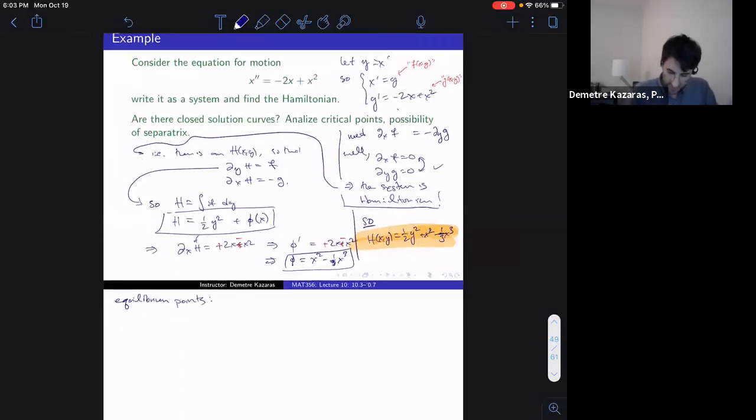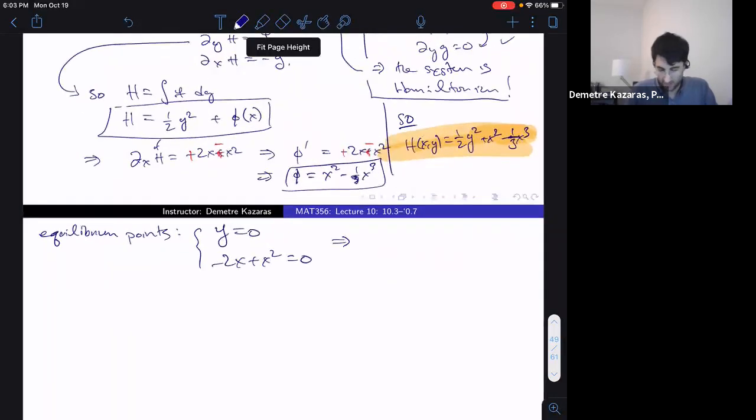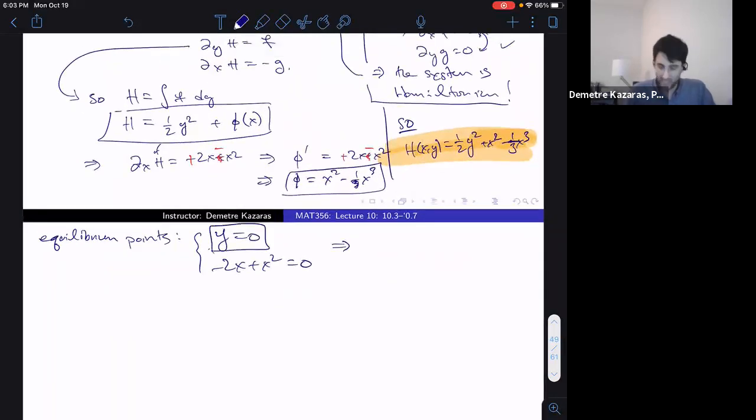Well, if you take a look at what needs to happen at an equilibrium point, y needs to be 0 and minus 2x plus x squared needs to be 0. Let's try and solve that system. So this is the end of the road for y, and then let's see what this means for x. This is x times, let's write this as x minus 2. So either x is 0 or 2.